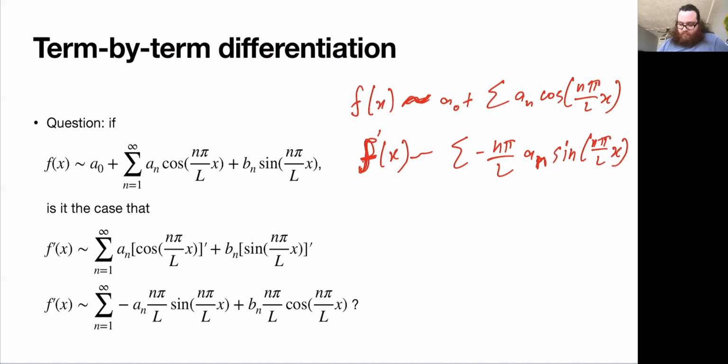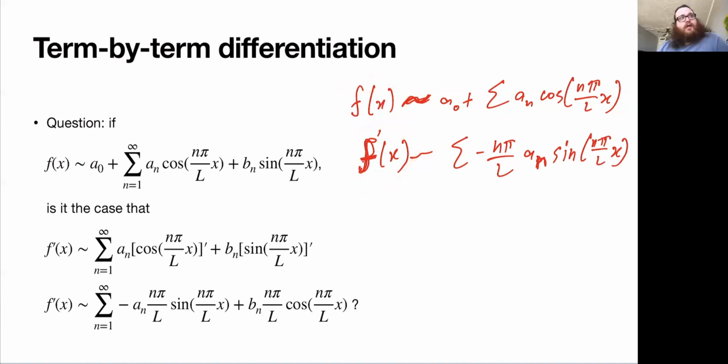But the observation is, given this representation, our function f is even, just because we're working with cosine terms and each cosine term is even. When we take this derivative, the resulting series should just have sine terms. So if this equivalence is valid, then the derivative of the function will be odd. We started with an even function, took the derivative, and ended up with an odd function.